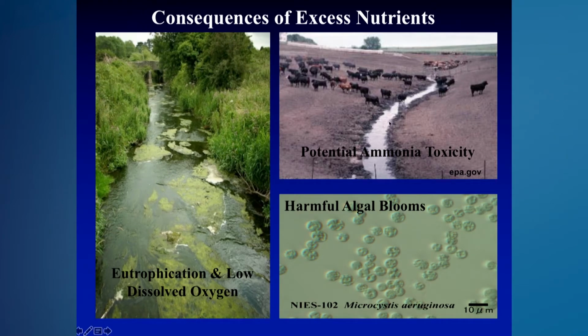And in areas with concentrated animal activity, such as feedlots, the ammonium, which is generally held on the soil particles, can be eroded into the waterways, and the ammonia can cause direct toxicity to a number of aquatic organisms, including fish.